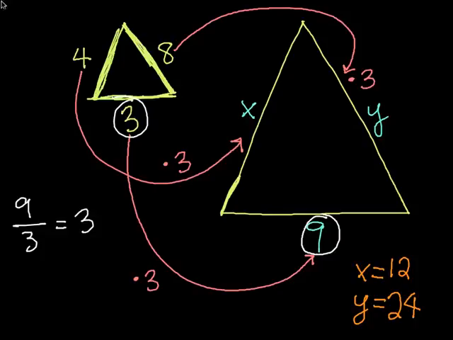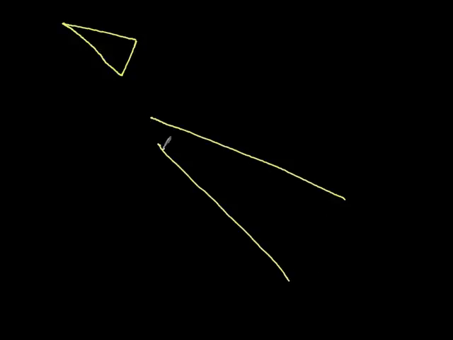So let's give you a practice problem to do here. Let me clear the annotations. Let's draw a baby triangle here, a little baby triangle. Looks like this, and then we have a much bigger triangle. It looks something like this. I am not a very good triangle drawer, but you get the point.